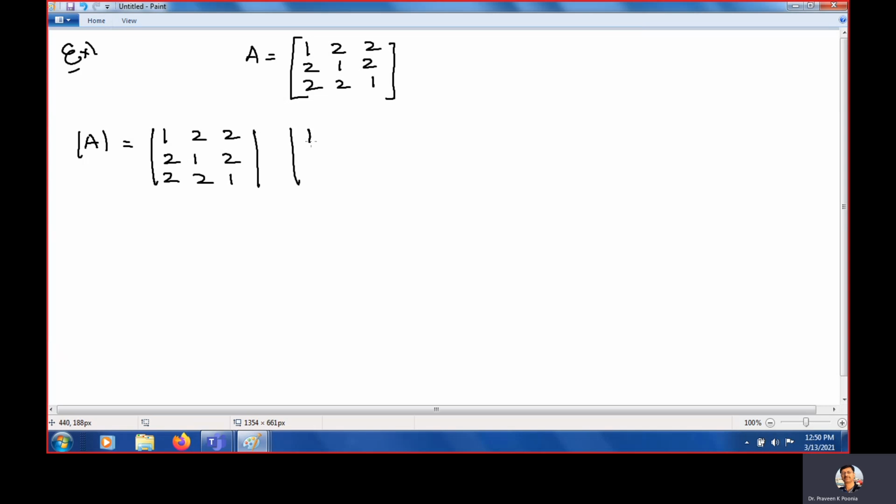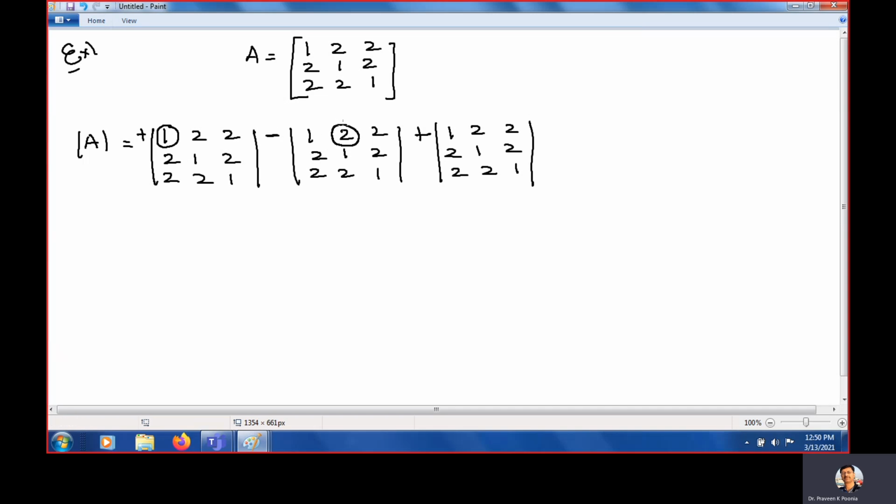One more time, and the last time. Now write here plus, write here minus, write here plus. Make the circle first entry, make the circle second entry, make the circle third entry.